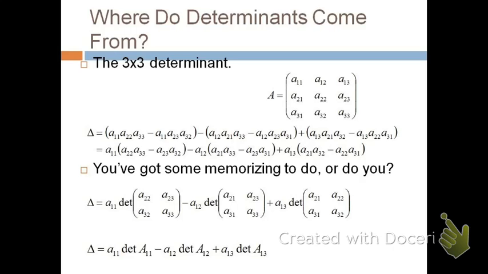So again, looking at this coefficient matrix A, let's look at that delta that we discussed earlier. And what do we notice here? There's an A11 and an A11 here, so we can factor it out. There's an A12 and an A12 here, so we can factor it out. And there's an A13 and an A13 here, so we can factor it out.